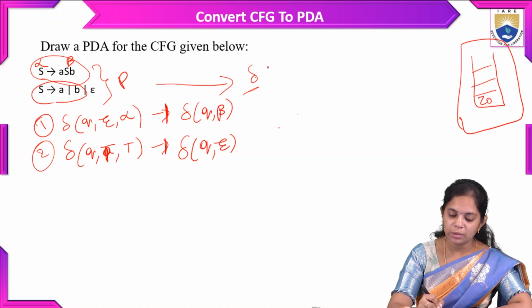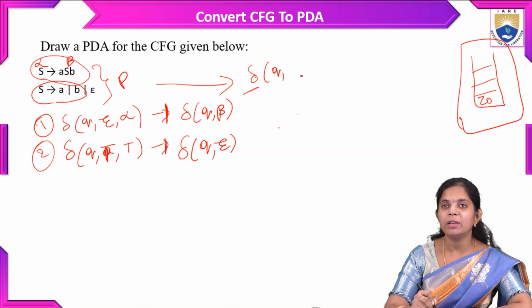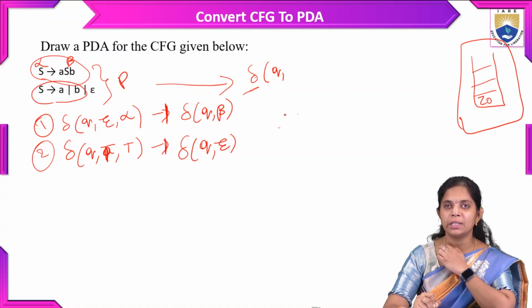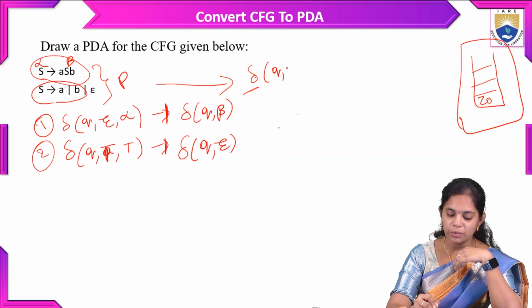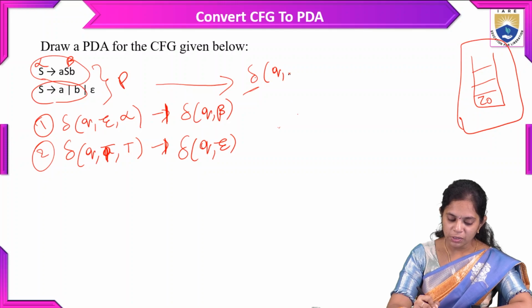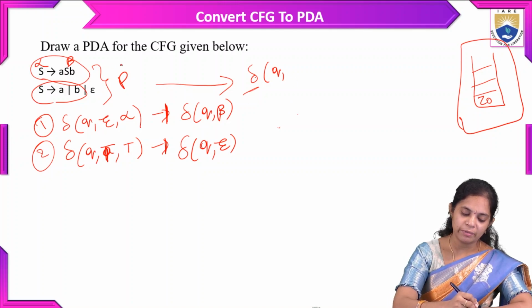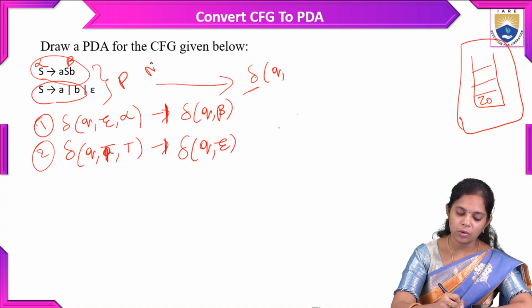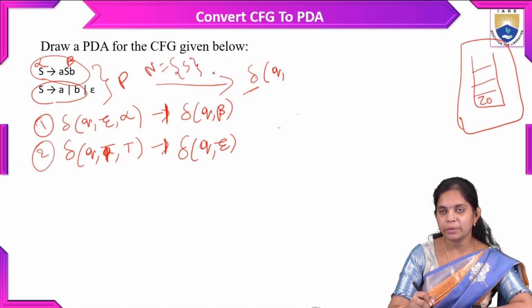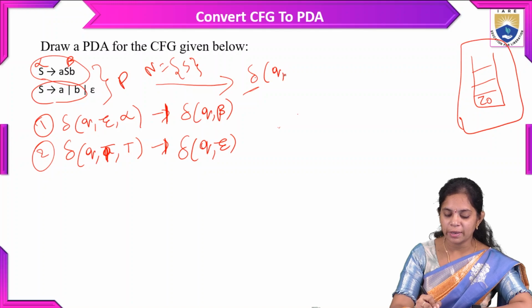So here delta of current state is q, and we'll assume it has only one state. So why? Because we have only one non-terminal, S. Assume that we have only one state, that is Q, and initially the stack is empty.